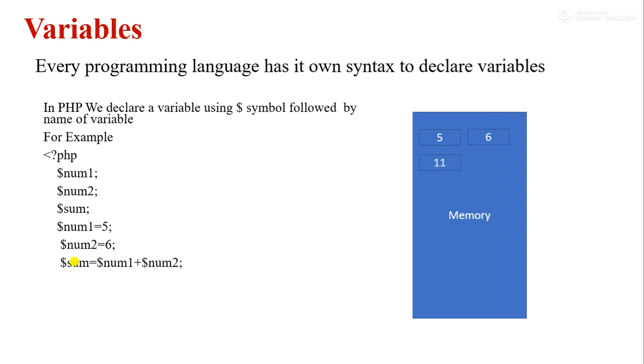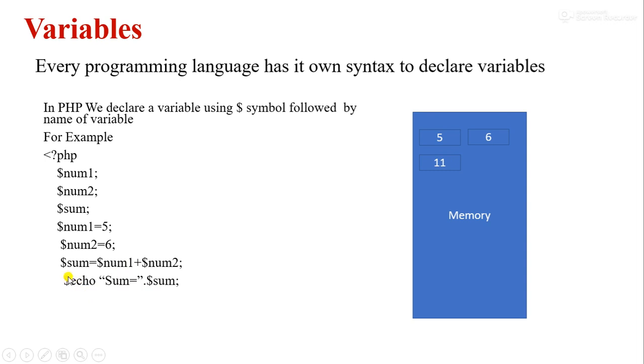After the addition, the value of num1 and num2 will be stored in the variable sum. So this is the storage location in memory for the sum.